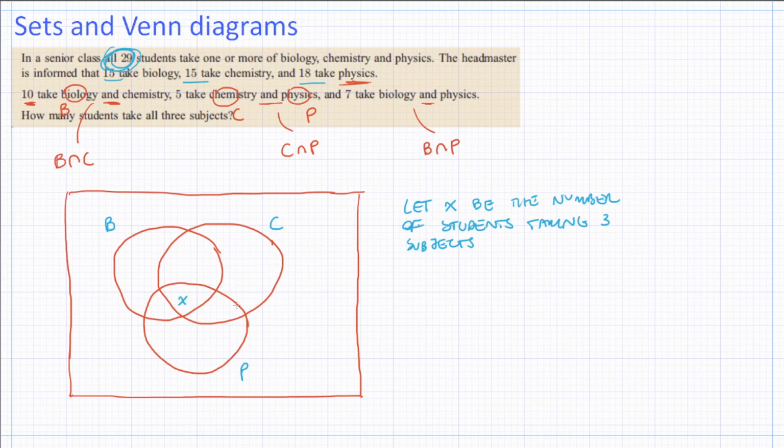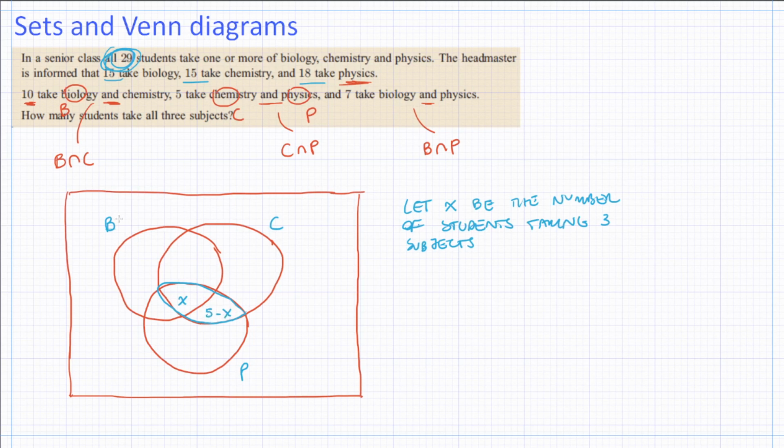Now, if you observe this portion, this slice, this is the intersection of P and C. So this intersection is the number of students who take both physics and chemistry. So physics and chemistry, it's 5. If x do all of them, this would be 5 minus x.